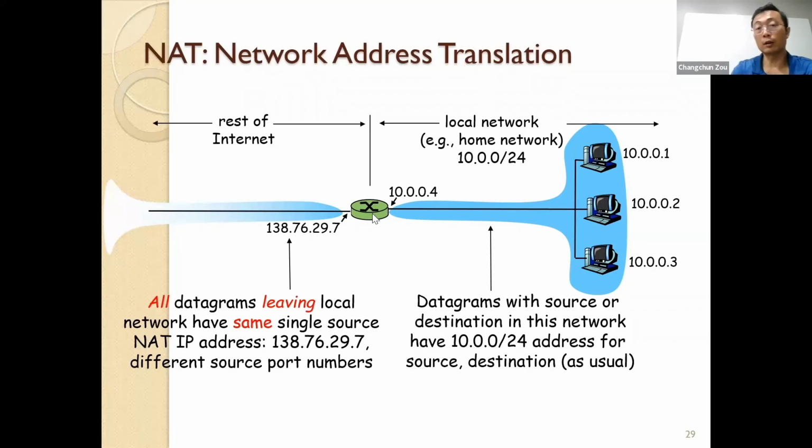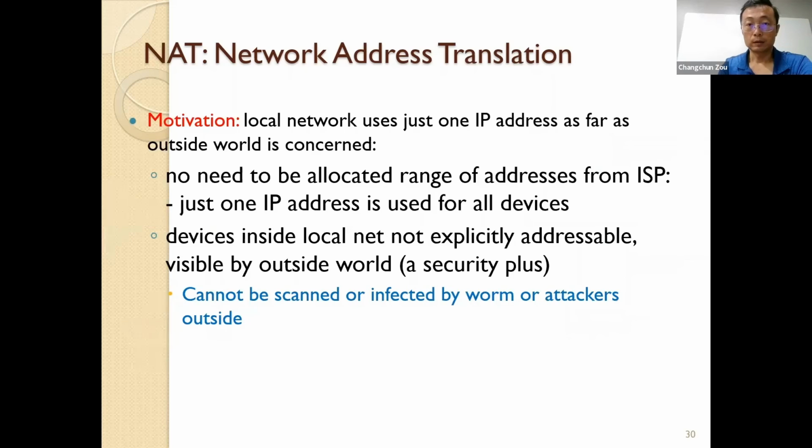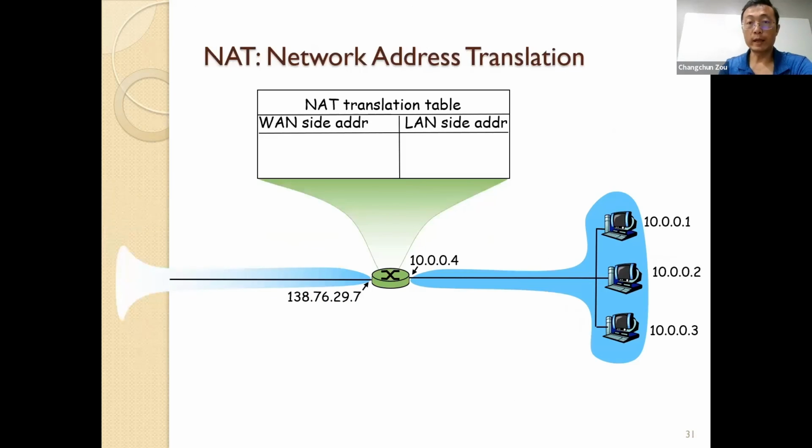So the Wi-Fi router runs this NAT protocol, network address translation, to modify the IP address when a packet comes in or goes out of the local area network. The basic way is that the Wi-Fi router maintains a so-called NAT translation table, a very simple dynamic table.